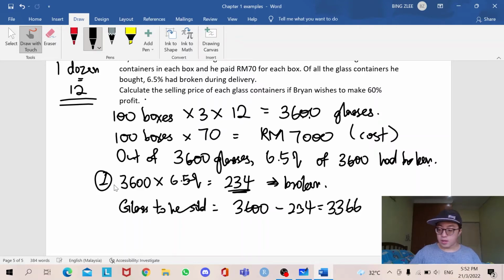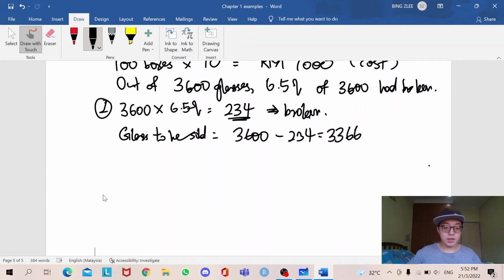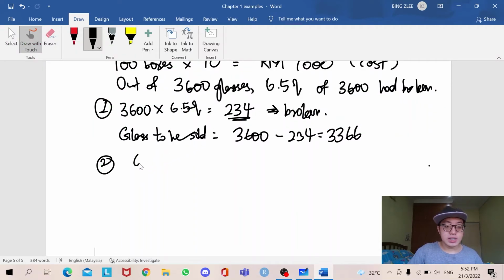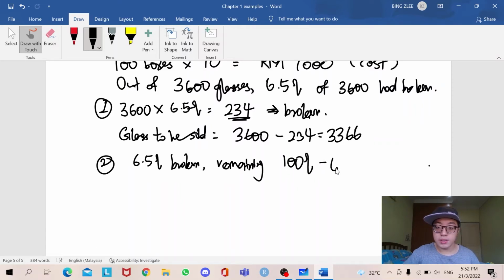All right, and the second method is a little bit easier and faster, but it requires a little bit of trick. Since 6.5% is broken, the remaining ones is obviously 100% minus 6.5%, which gives you 93.5% remaining.